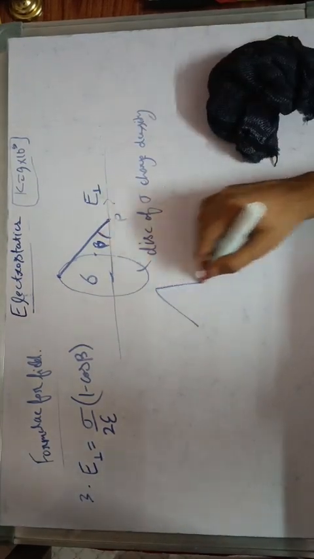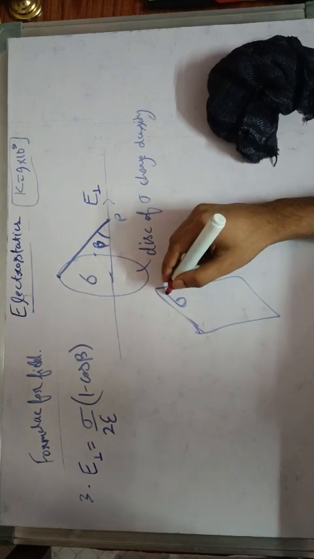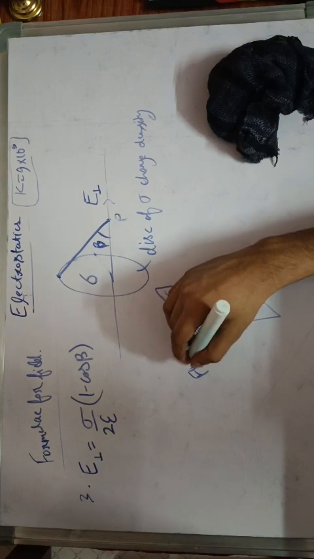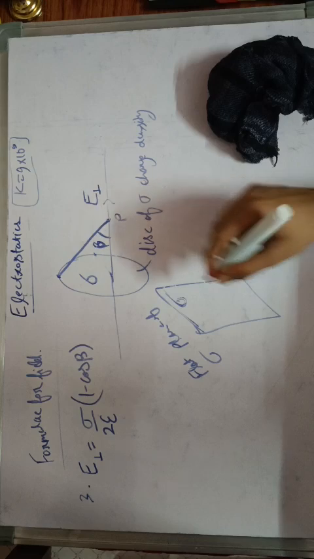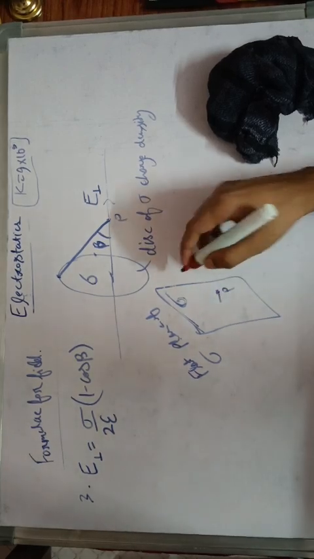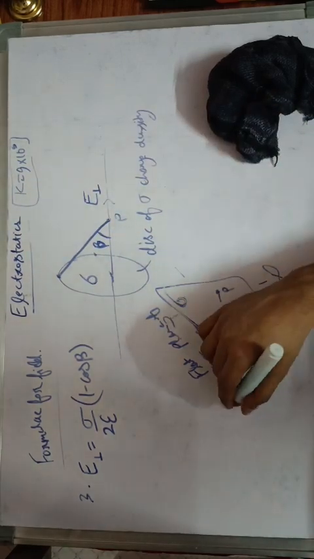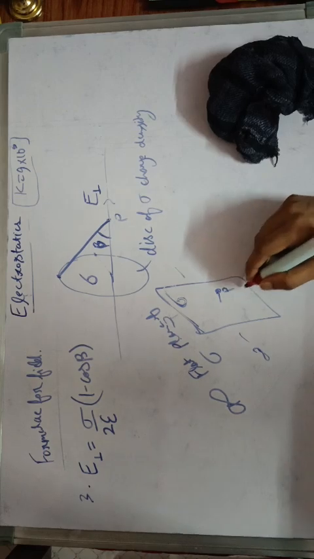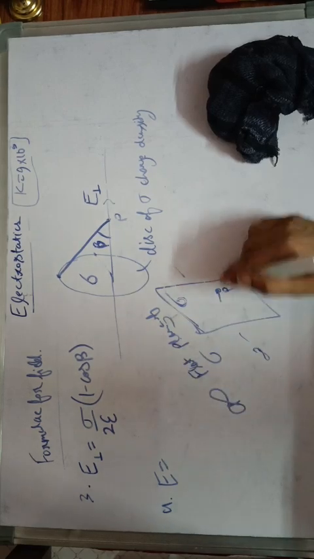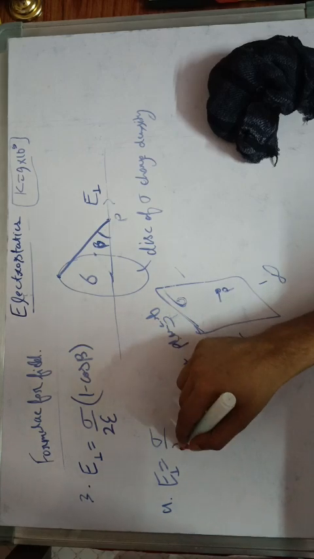And similarly, if there is any flat plane surface of sigma charge density, then at any point which is very close to it, let's say this is tending to infinity, a very large plane, an infinite flat plane, then the field at a point P here would be perpendicular to the plane and equal to sigma upon 2 epsilon.